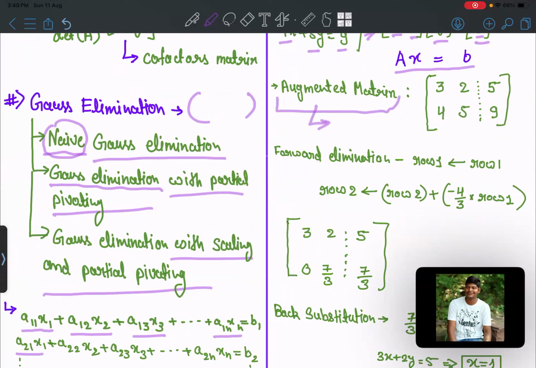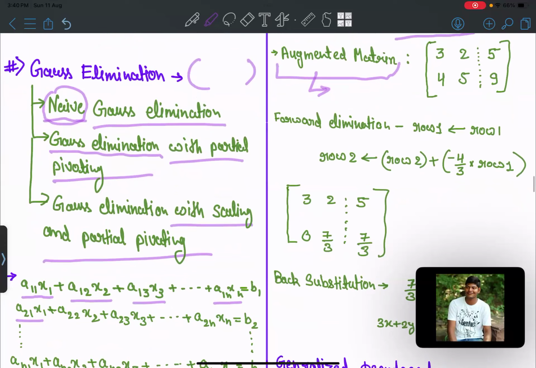So we will have only one matrix, in which we apply the forward elimination technique and find the values. This is a kind of short notation. Here we represent the coefficient matrix A and the right hand side vector b in the same matrix.